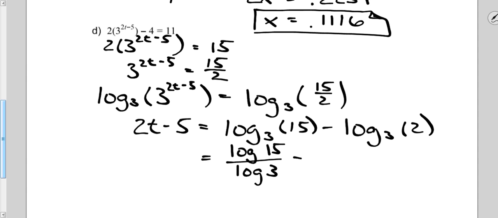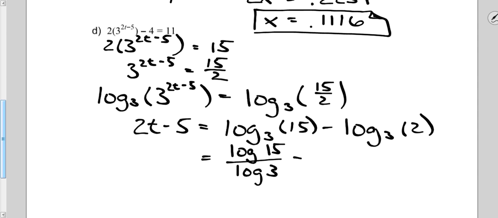Sure I can. Let me ask you this. If I change the base to a natural log over here, do I get any different answer than if I take the common log?